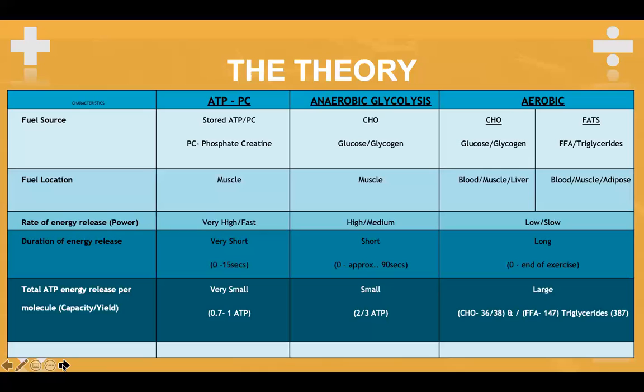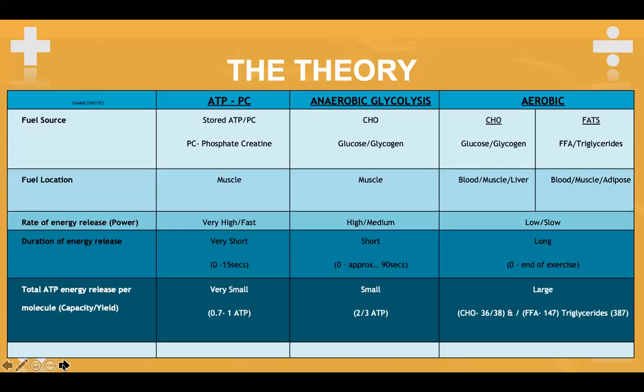The duration of energy release. So for the ATP-PC system, it's very short. So it starts to deplete. It's pretty much depleted by the 15-second mark of activity when performing maximally.